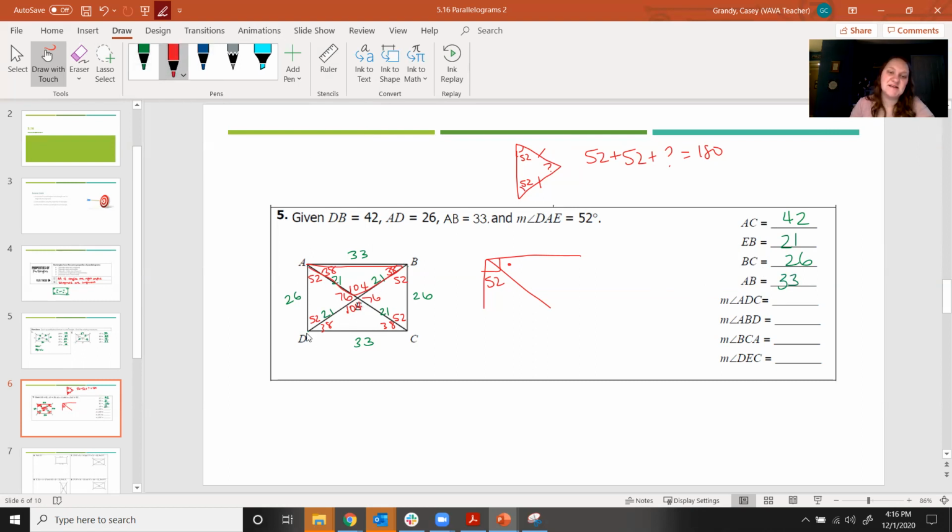Here's A, here's D, here's C. That is this angle here, that's 90 degrees. ABD, that's this angle here, that's 38. BCA, that's this angle at 52. And DEC is this angle here at 104.